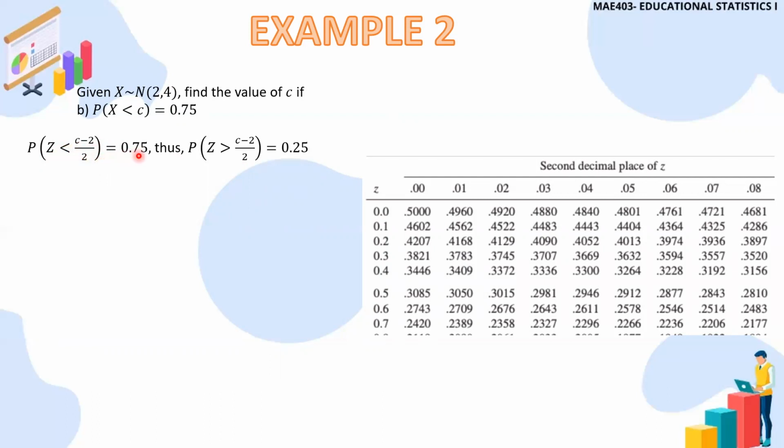We know that the value in the statistical table is always for the greater-than probability. So the probability of Z greater than C minus 2 over 2 is 0.25, because 1 minus 0.75 is equal to 0.25.